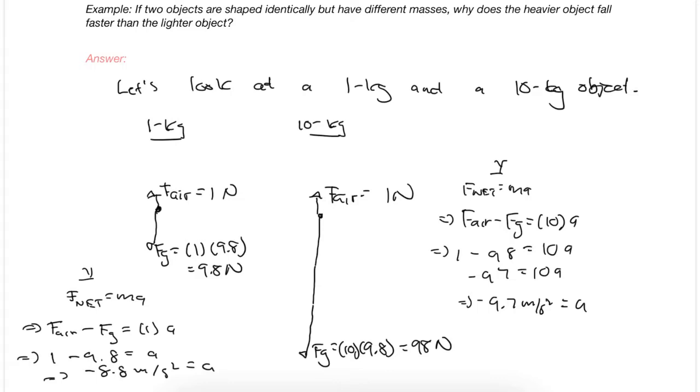And so if the same amount of air resistance acts on a heavy object and a light object, air resistance will be much more effective at holding up a light object than it will a heavy object, and that will keep the light object in the air longer than the heavier object, which is to say, the heavier object will fall faster than the lighter object.